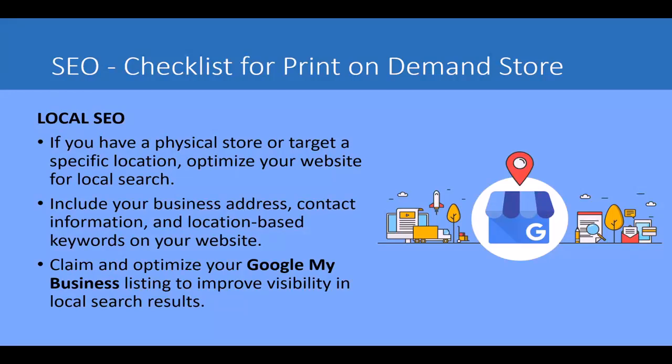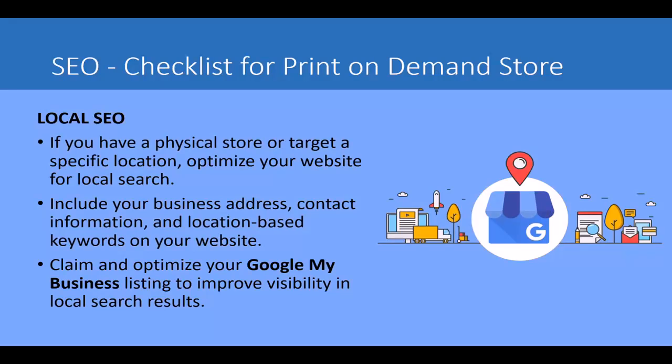Now, if you are going to be producing and printing your own t-shirts, I will encourage you to set up your Google My Business profile. This helps you to do better on Google. It helps you to have better results, better rankings on Google, because Google sees you as a real business that is located somewhere.